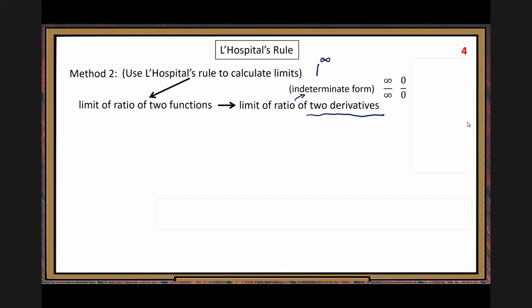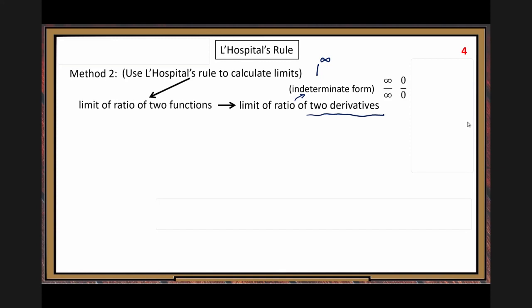The base approaches 1, not exactly 1, then the exponent approaches infinity. It's indeterminate. It could be a lot of things: infinity, a fixed number, or 0. You don't know, so that's another indeterminate form.